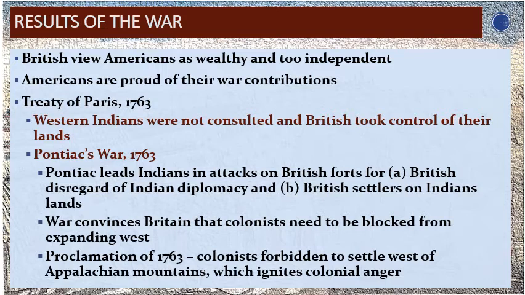All the speculators are angry that all of their efforts at making money off of these nice, beautiful western lands is now gone down the drain. And colonists get incredibly angry. So a war that was very positive initially is now souring as the Americans are getting more and more irritated at how the British are handling the aftermath.